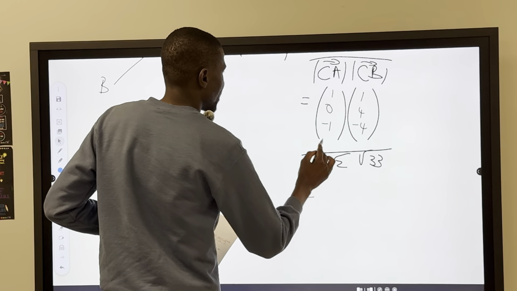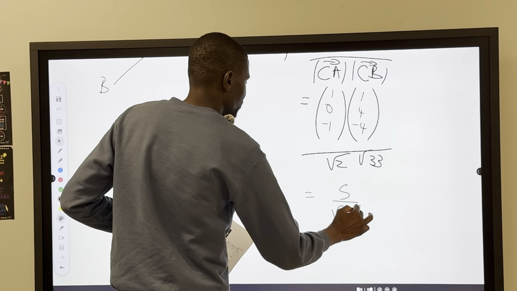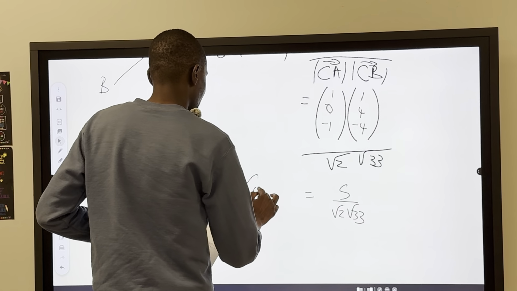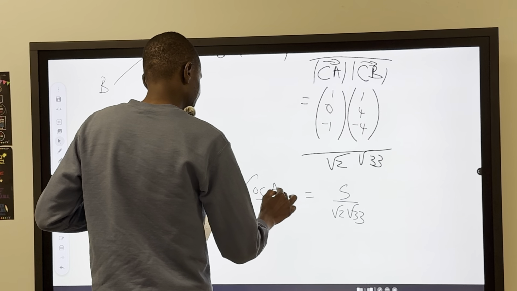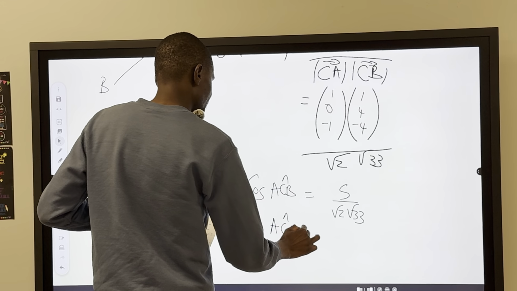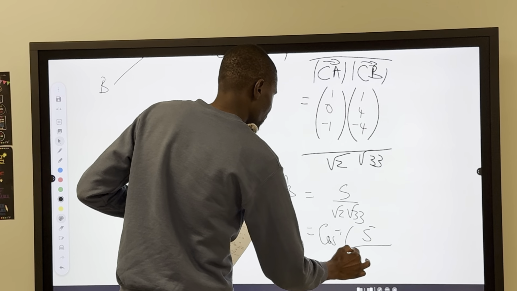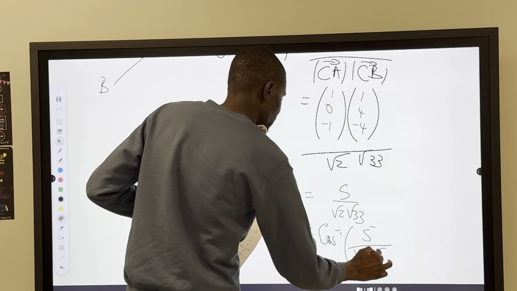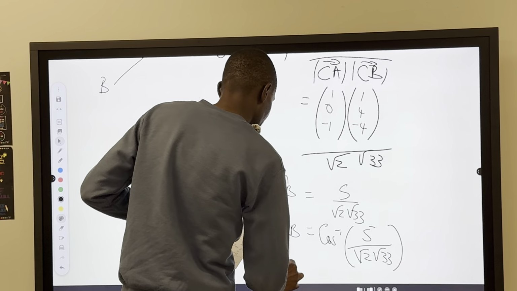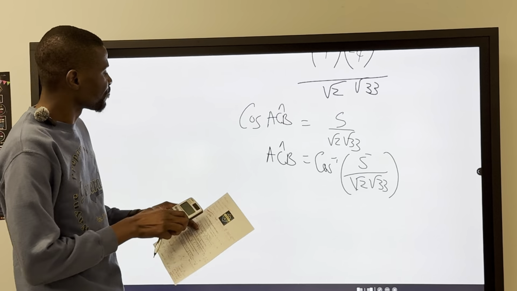This simplifies to 1 plus 4 is 5, over root of 2 times root of 33. So ACB equals arccos of 5 over root 2 root 33. Let's go ahead and calculate this.